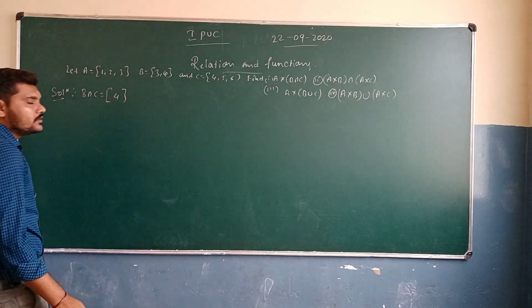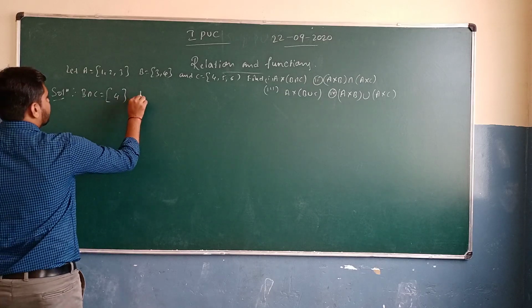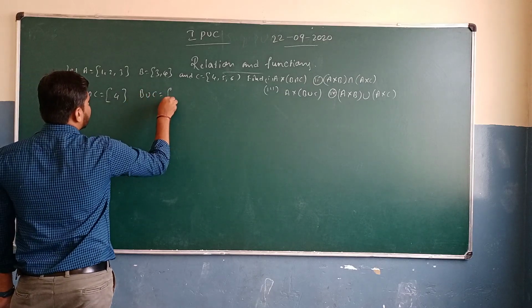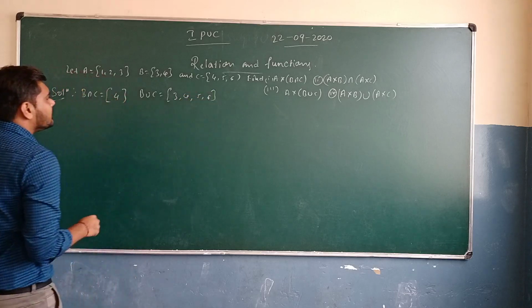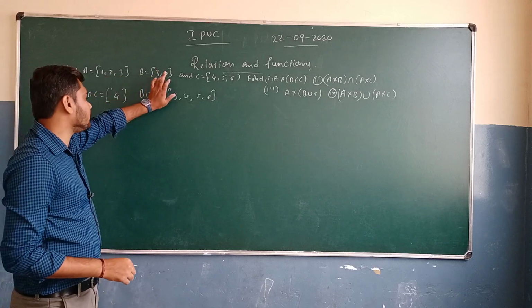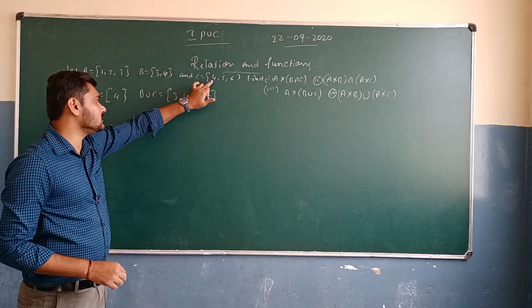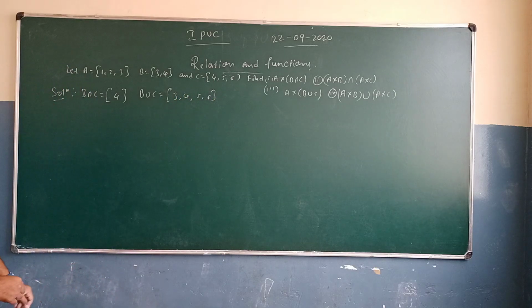No. So only 4 is going to be present in B intersection C. Then B union C is going to be 3, 4, 5, 6. There are 4 elements in B union C. Since 4 is present in both B and C, we mention it only once.